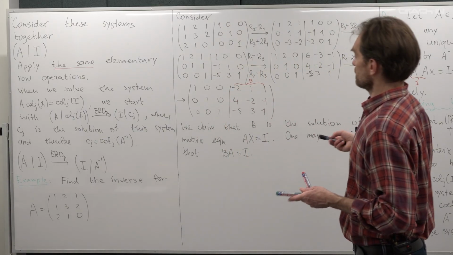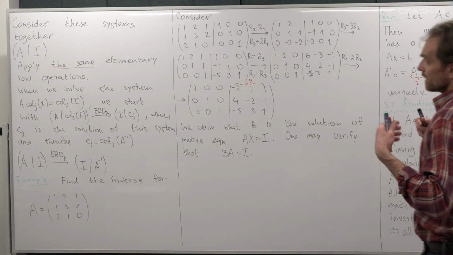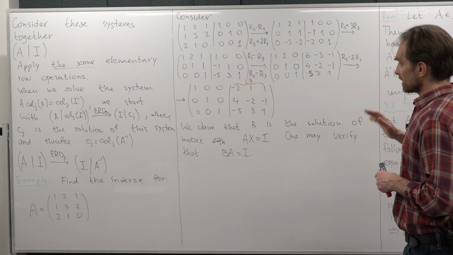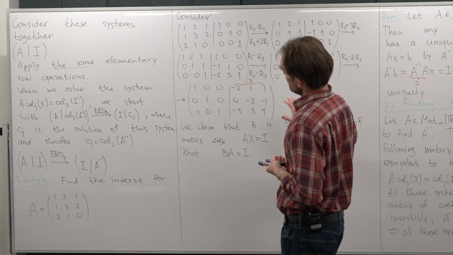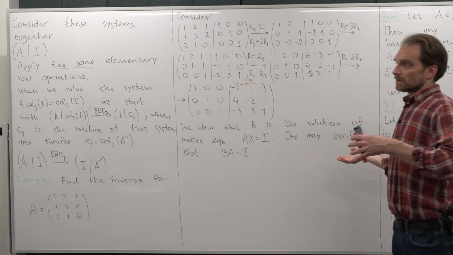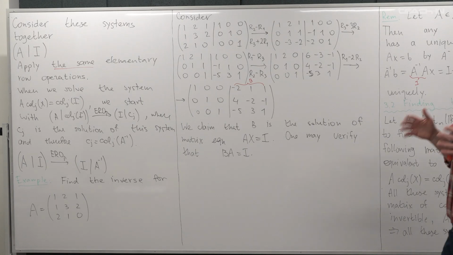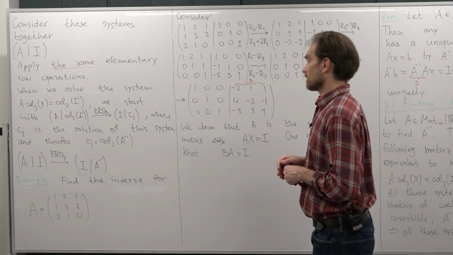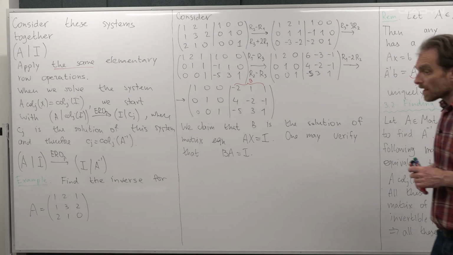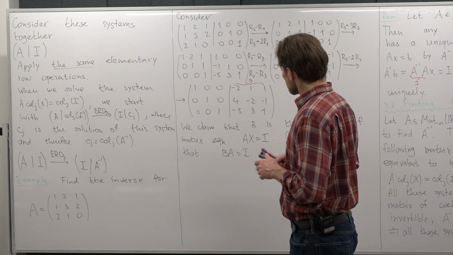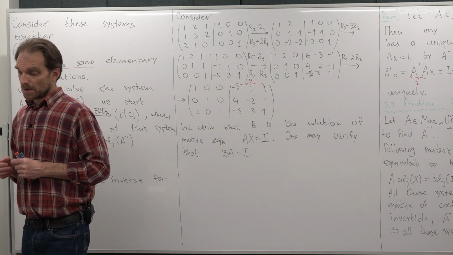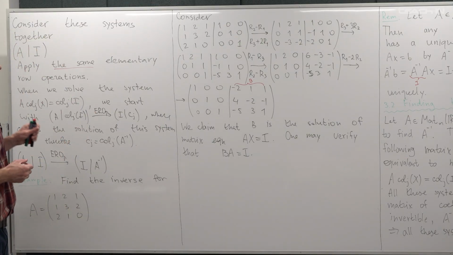But one may do this, and altogether this gives the identity matrix. So later we will prove that it is enough just to apply this procedure, because the existence of a right inverse or left inverse implies that our matrix is invertible, if we consider square matrices, of course. Okay, so this is an example showing the standard procedure that allows to find the inverse.